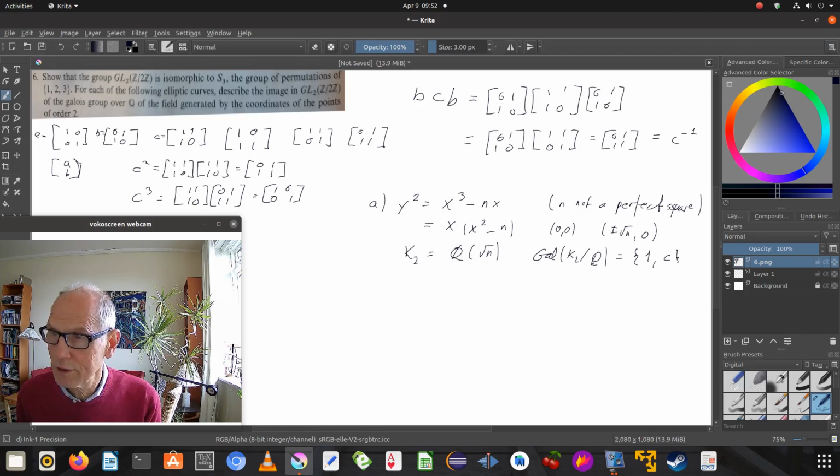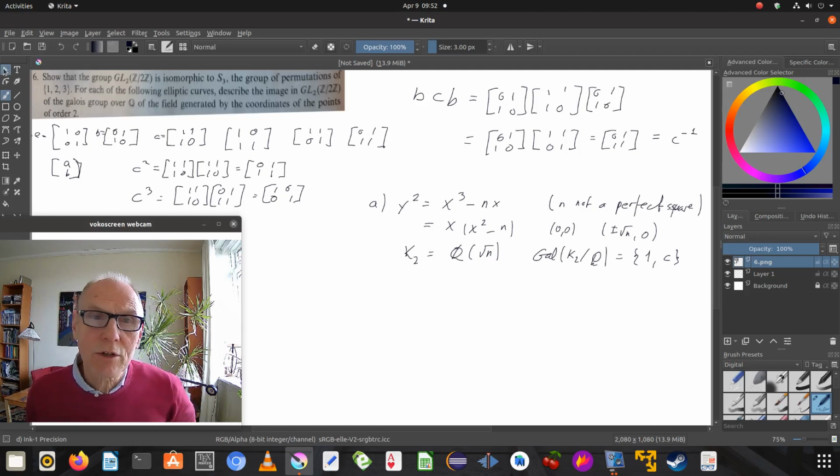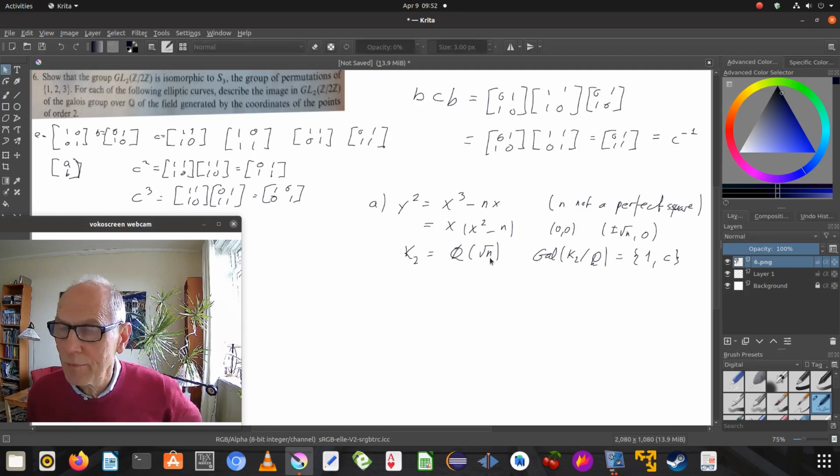Let's call it C for conjugation, giving us the conjugated element. And that's obviously an exchange because naught doesn't change. So that must be one of the exchanges. So let's just choose B for that one.